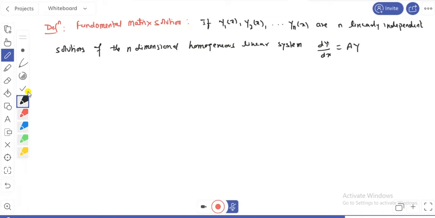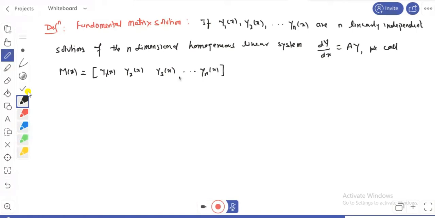And we call this Mx. Mx is basically these n linearly independent solutions, that is, Mx is y1x, y2x, y3x, and ynx.